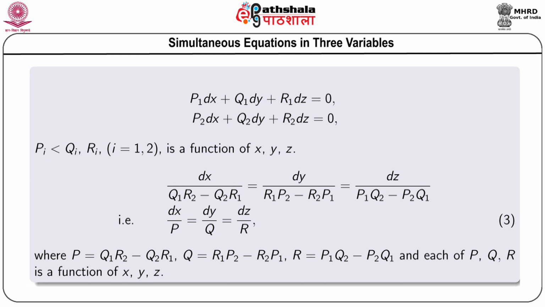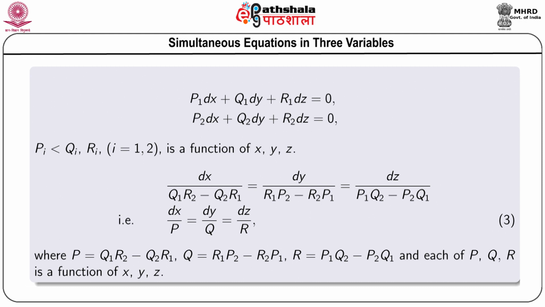There is another way to represent this equation as follows. From these two equations we can write the equation in this form: dx by this equals dy by this equals dz by this, or dx by p equals dy by q equals dz by r, where each of p, q and r are functions of x, y and z.